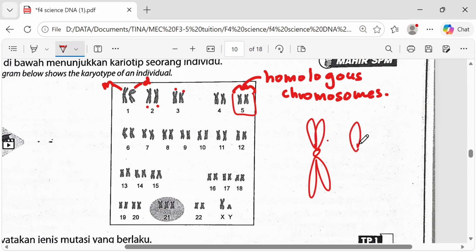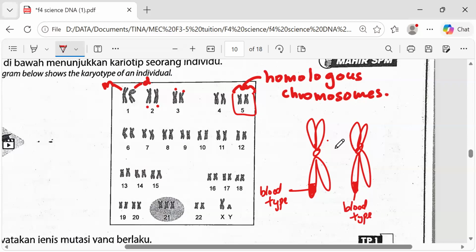So for example, I draw like this. This is pair number 5. If this one controls blood type, this one also controls blood type. Would this one control blood type and that one randomly control something else? No, the position is the same.